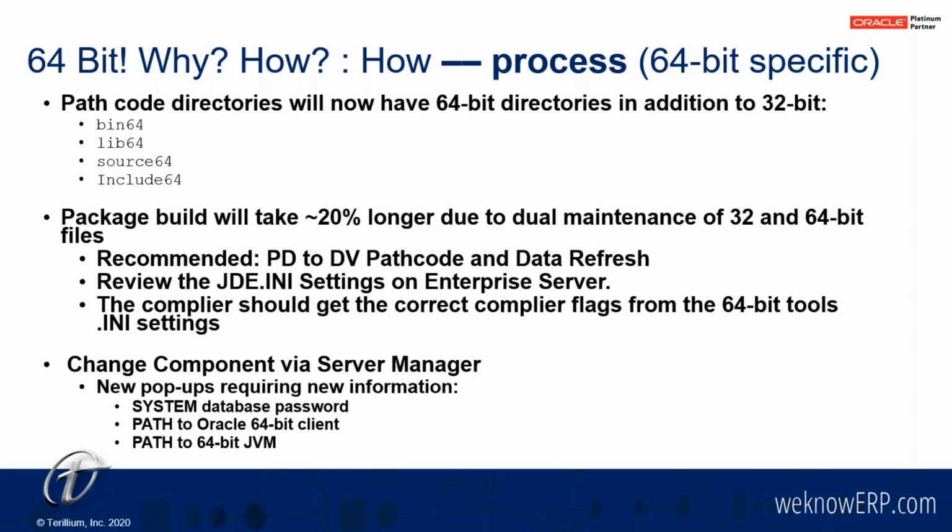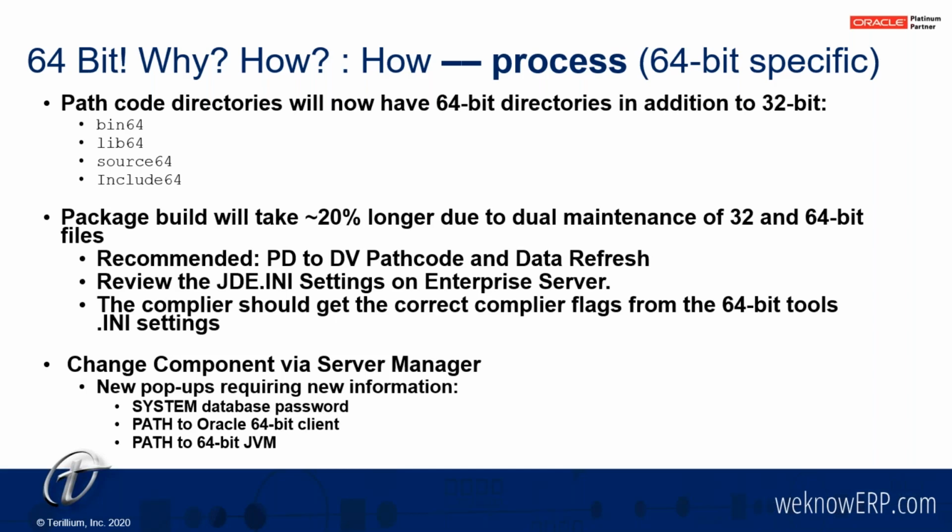Okay? Package builds. And I'm sure you'll all be thrilled to learn this. You're going to have about a 17 to 20% hit on package builds because those 32 and 64-bit files have to be duly maintained.